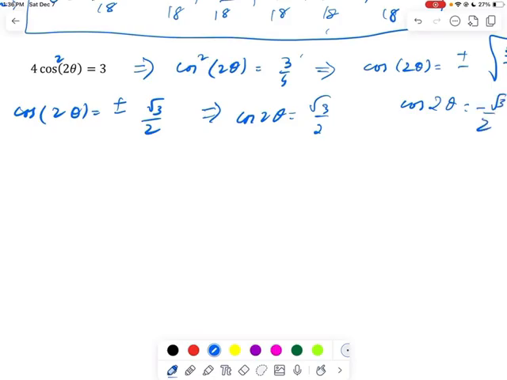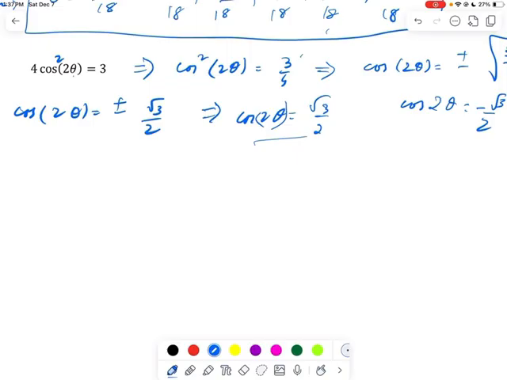Okay, so we will solve one by one. Now remember, for 2 theta we will have two primary solutions, but because of this 2 we will actually have 4 primary solutions for one equation, and then 4 for the other equation.